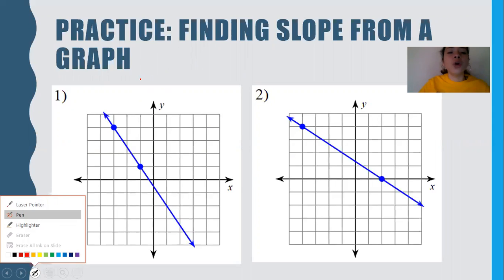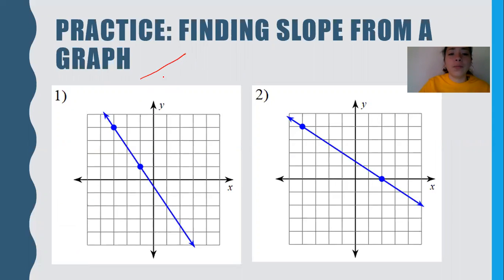If the snowboarder is going up the hill, that's a positive slope. If the snowboarder is going down the hill, that is a negative slope. If the snowboarder is not going anywhere, he's just on the ground, that's a 0 slope. And if the snowboarder is standing here and he just falls straight down, it is an undefined slope. Does that sound familiar?